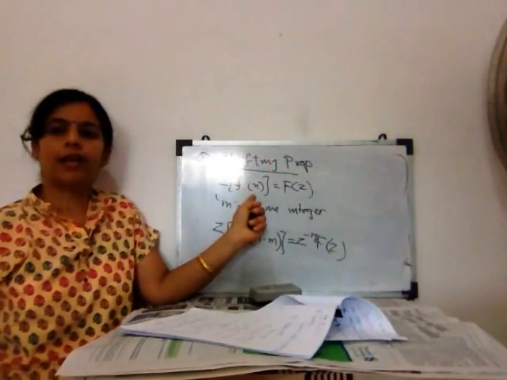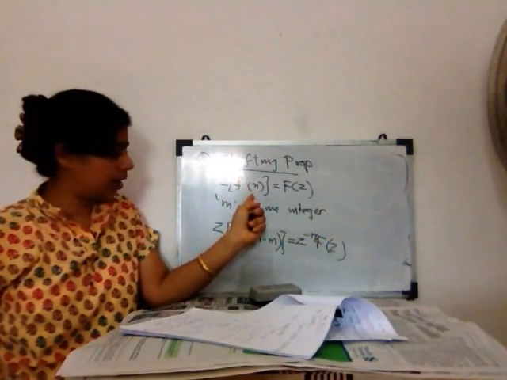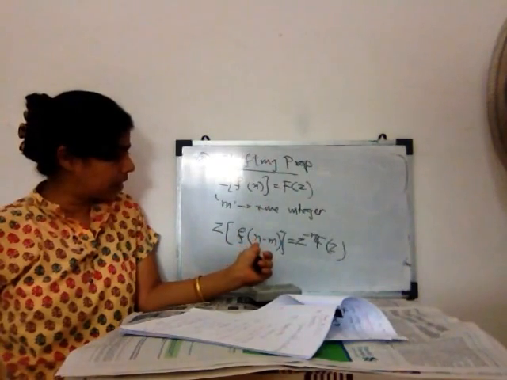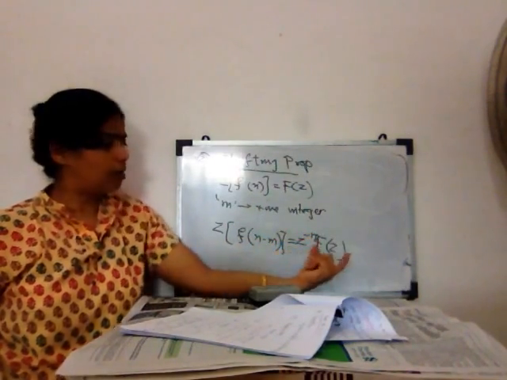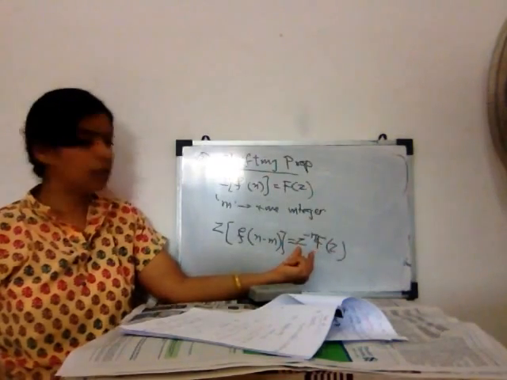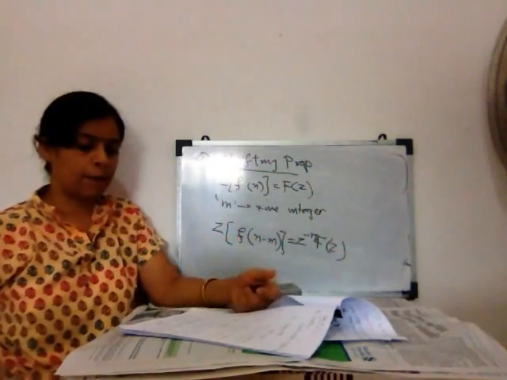Means we have to find the Z transform of our given function, and if our function is f(n minus m), then z to the power minus m F(z). Our Z transform multiplied with this term gives the required new solution.